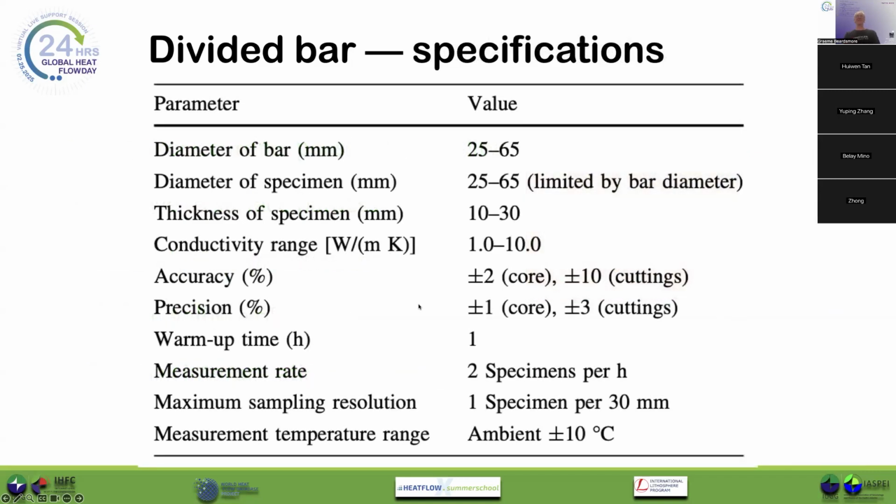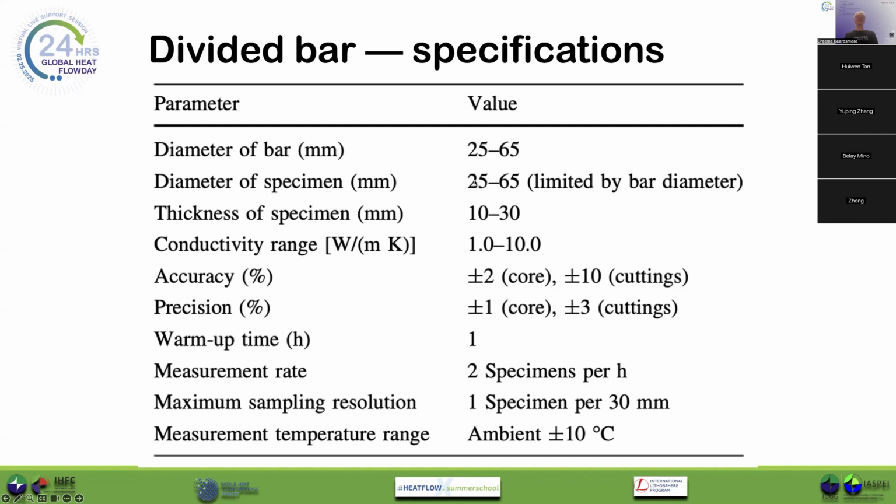So a few weaknesses there. Some general specifications for a typical divided bar: you can really design divided bars outside of these specifications, but typically for measuring rock thermal conductivities, we build divider bars with surface areas on the order of 25 to 65 millimeter diameter, which also imposes a limit on the size of the specimen that can be measured.